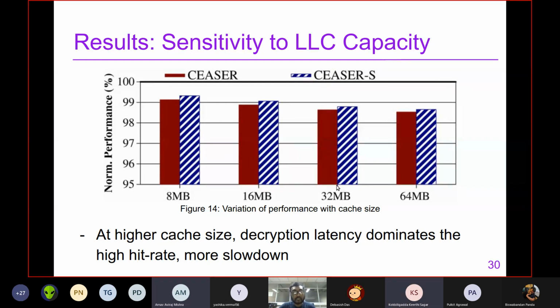But relative to the baseline 32 MB, it is slower, and the gap is much more than the gap between the baseline 8 MB and the Caesar 8 MB. The 32 MB will be faster than this 8 MB implementation, but the slowdown is more with respect to the corresponding baseline. Okay. Okay. Sorry.